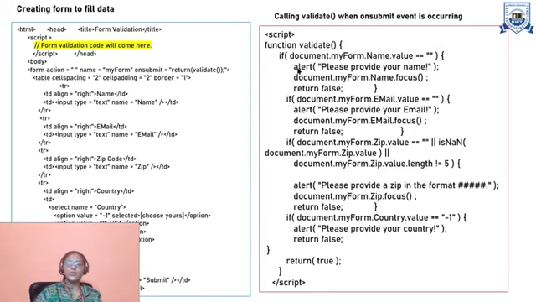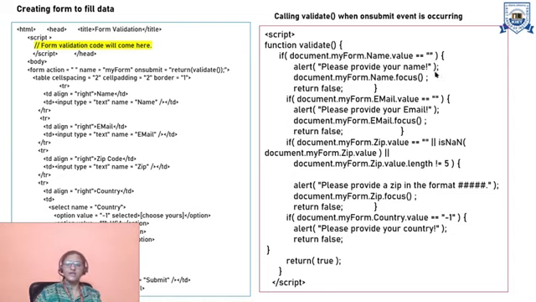So document.myform.name.value: it is going to search for the text box whose name is name, and it is finding its value, what content you have given. If it finds it blank, it will give you the alert message, "Please provide your name."